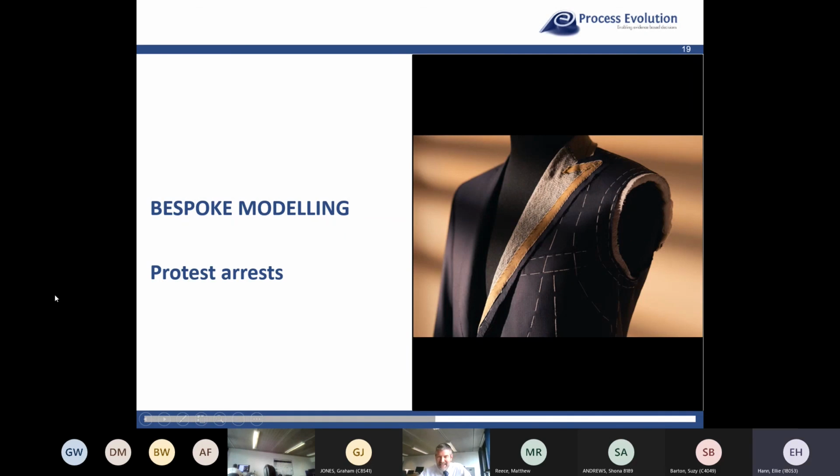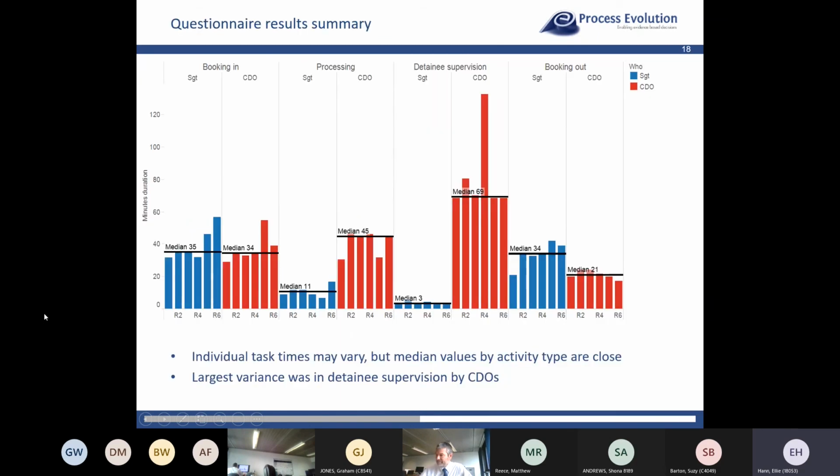Rob, I've got a quick question, if that's all right. So in terms of kind of accounting for that variation, something that I'm kind of struggling with at the moment. I know it's slightly different, but I'm looking at case files and the processing of case files, and obviously that's very dependent on what the case is.